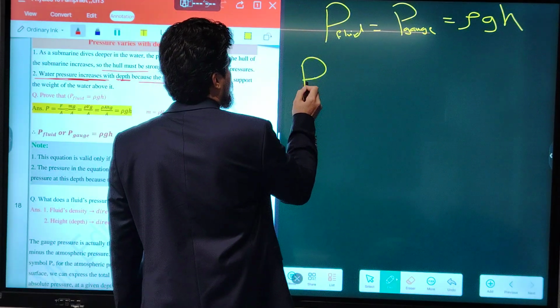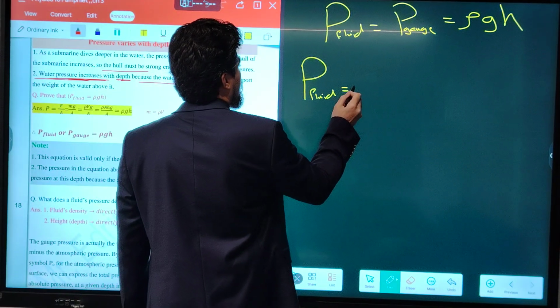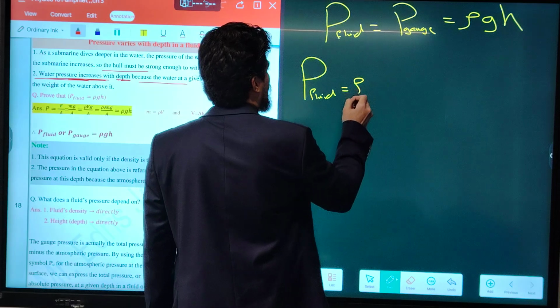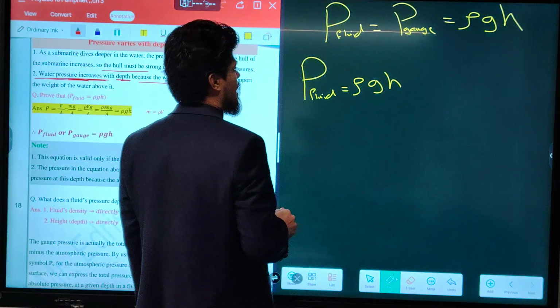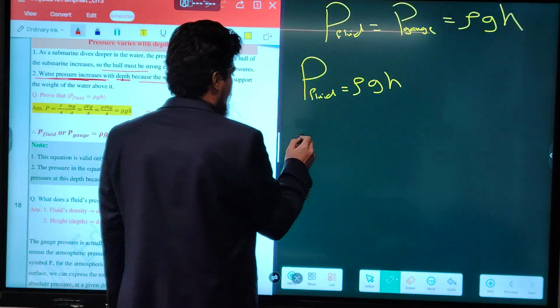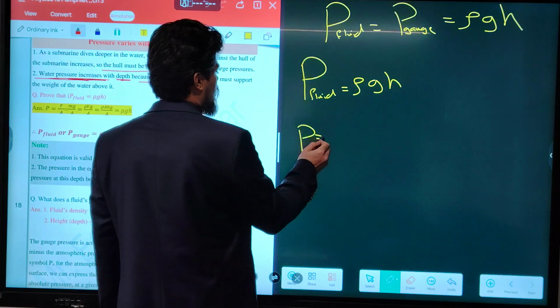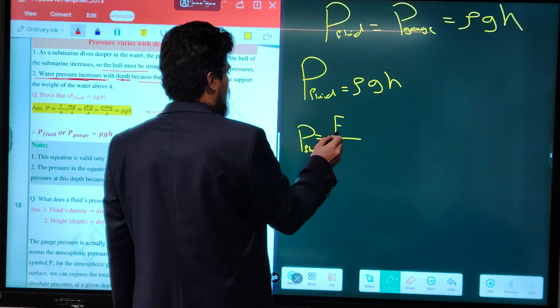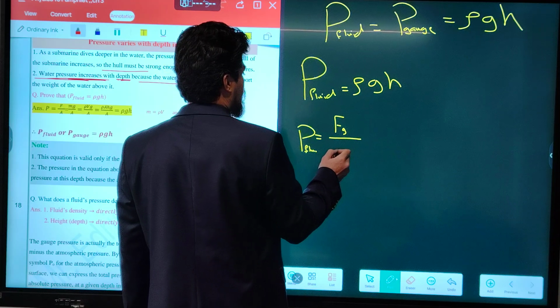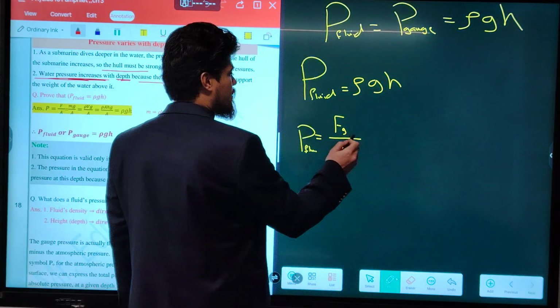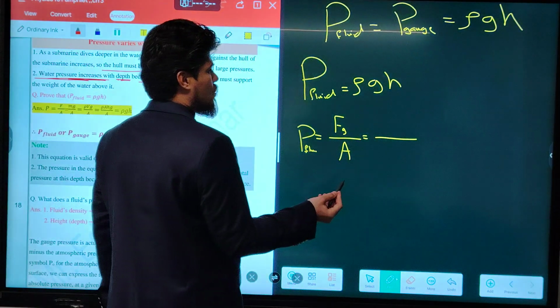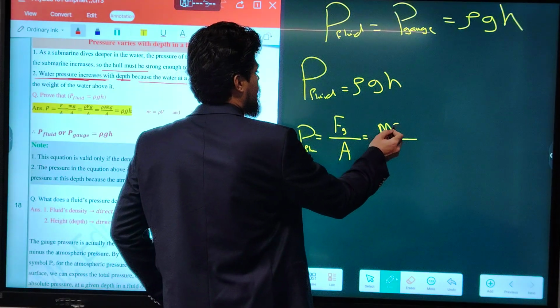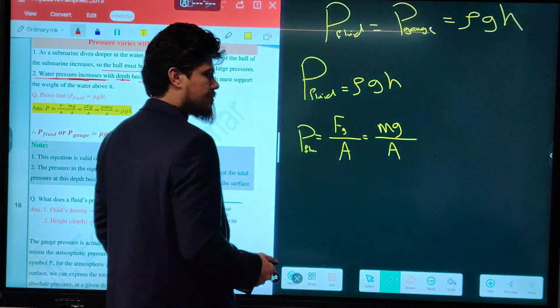Now I'm going to prove this equation. The pressure of the fluid is equal to density times gravity times height. How did we get this equation? According to this equation, pressure is equal to force of the fluid, force Fg divided by area. Force is equal to mg over area.